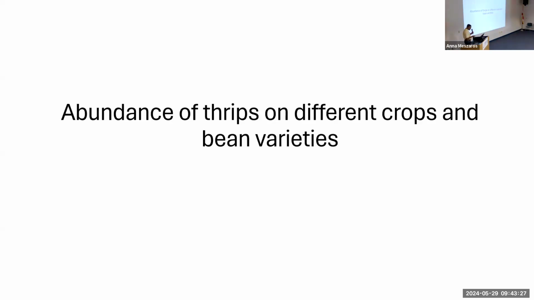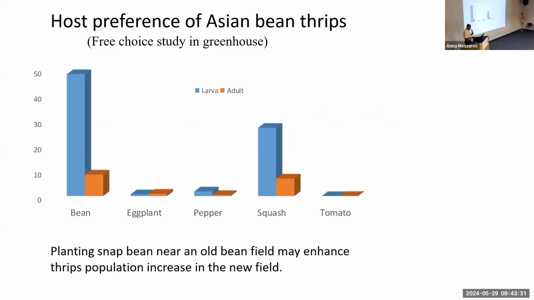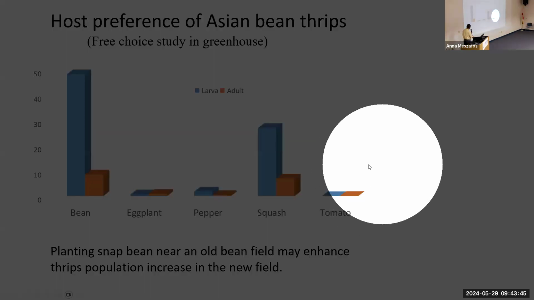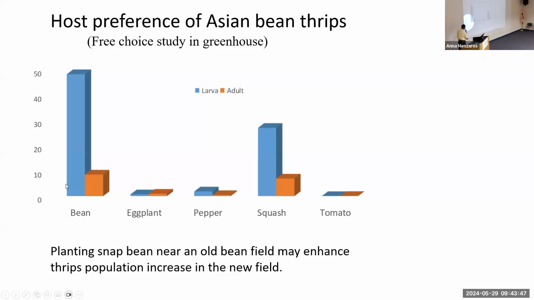Talking about the abundance of these thrips on different crops and bean varieties, this slide shows a study conducted under greenhouse conditions. You can see that bean is the most preferred host of Asian bean thrips.